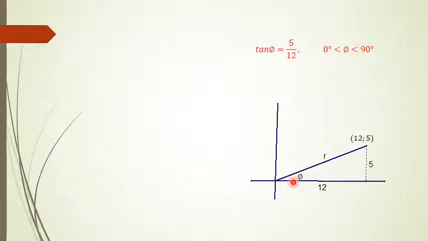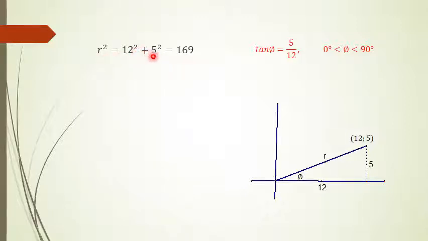That's our angle phi. That's the x coordinate of that point and the y coordinate. Now we can find r using Pythagoras theorem. r squared equals x squared plus y squared.